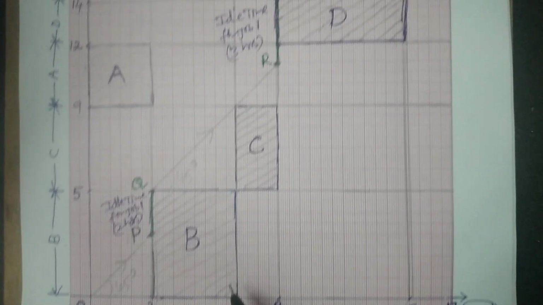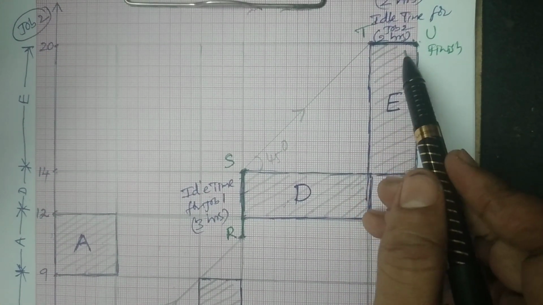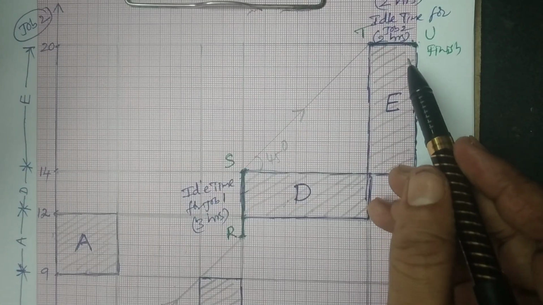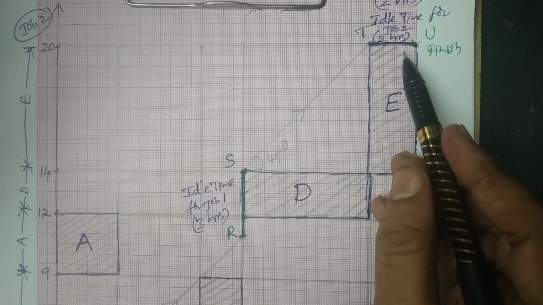Similarly, vice versa, any horizontal line remaining after drawing the diagonal line is idle time for job 2. This is what you have to observe here.